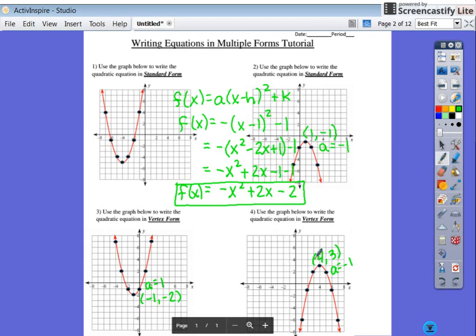My equation for number 4, I'll have f of x equals, and then I have -1, so I'm just going to put the negative sign, and then x minus 4 quantity squared plus 3. And that's it for number 4.